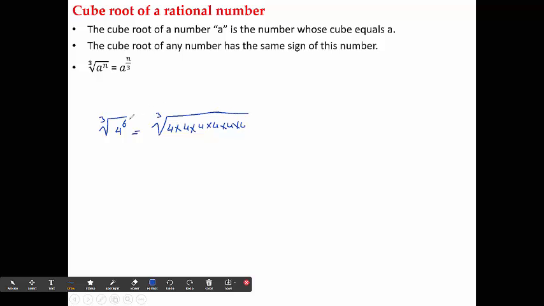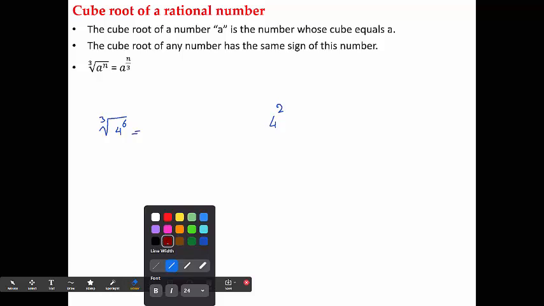A cube root means the number multiplied by itself 3 times, so we take only one of them. We take just one 4 from the first three 4s and another 4 from the other three 4s. So we have two 4s which multiply together, so the answer will be 4 to the power 2. So the cube root of 4 to the power 6 is 4 to the power 2.